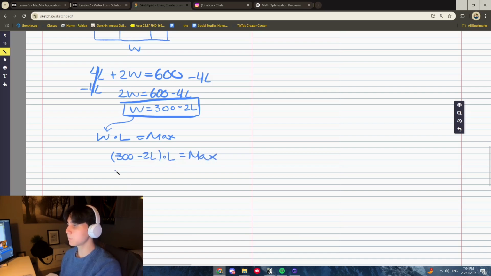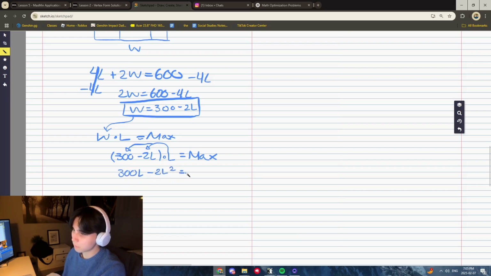And honestly, at this point, you could graph it, or you could just put this in your calculator and it would generate the same line. However, I'm just going to use the distributive property here. So we're just going to multiply L by this and L by this. And that should give you 300L minus 2L squared gives you a max.